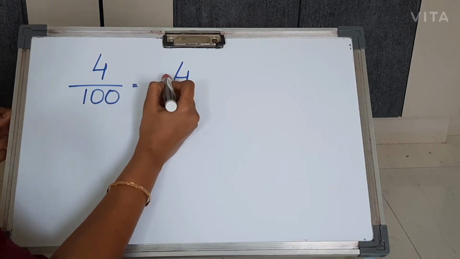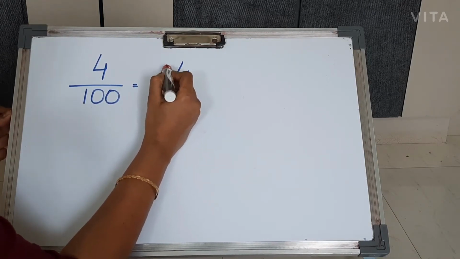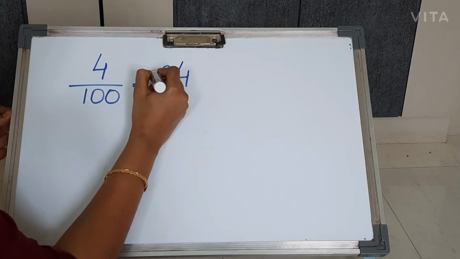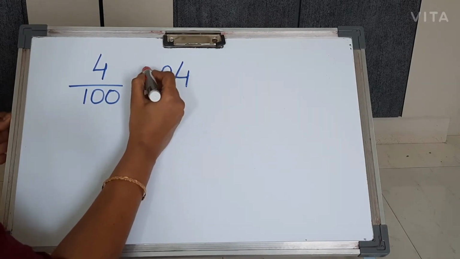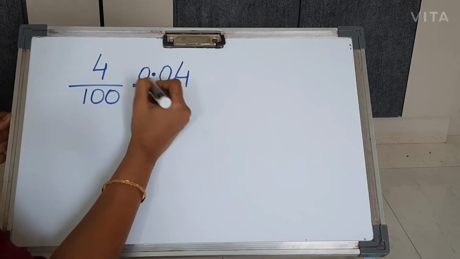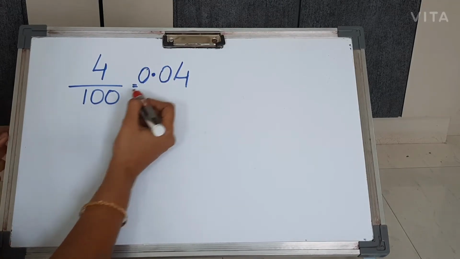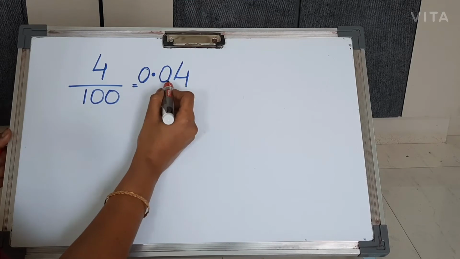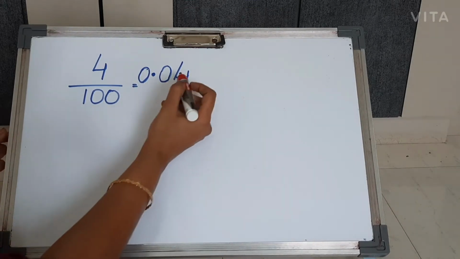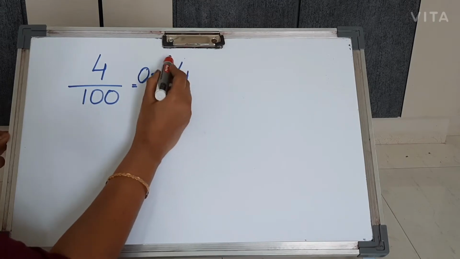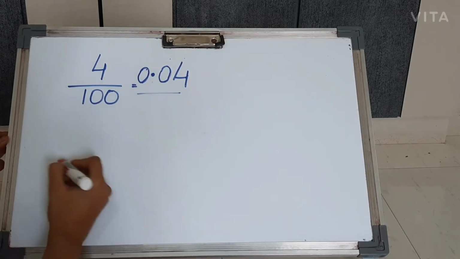Here nothing is there, so we will write a 0 here and put the decimal. So what is the answer here? Before the decimal we can again put 0, which has no value, but we can put it like this. So 0.04. Since there are 2 zeros in the denominator, we will put the point before two numbers. So this is the answer.